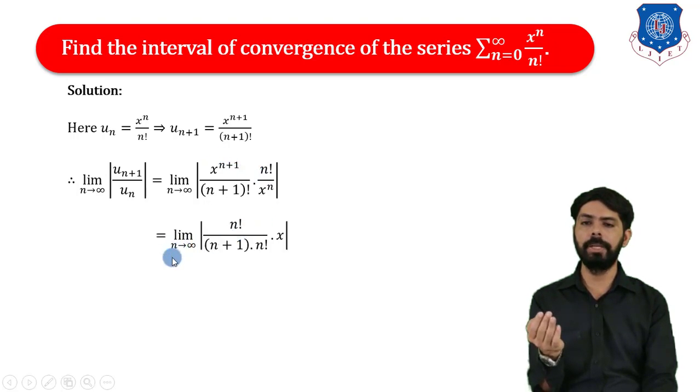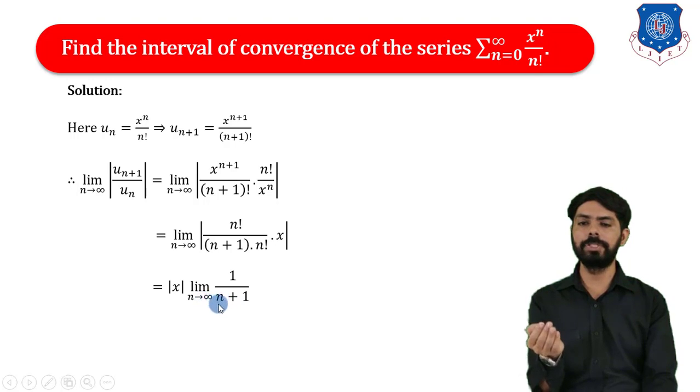So it will be limit n tends to infinite n factorial divided by n plus 1 into n factorial, because n plus 1 factorial can be written as n plus 1 into n factorial, into x. So here n factorial cancel out. So this will be modulus of x into limit n tends to infinite 1 divided by n plus 1.